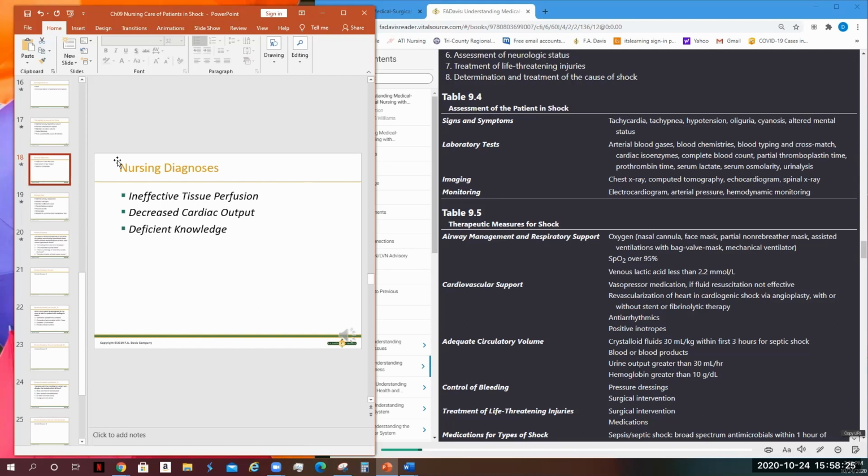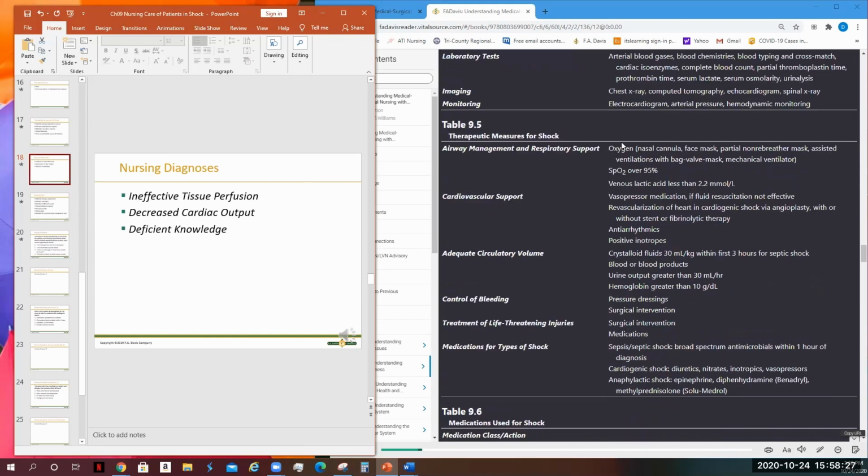airway management and respiratory support, such as oxygen, which could be delivered through nasal cannula, face mask, a partial non-rebreather mask, assisted ventilations with a bag valve mask, or a mechanical ventilator. We're looking to get the SpO2 over 95% and venous lactic acid less than 2.2 mmol per liter.